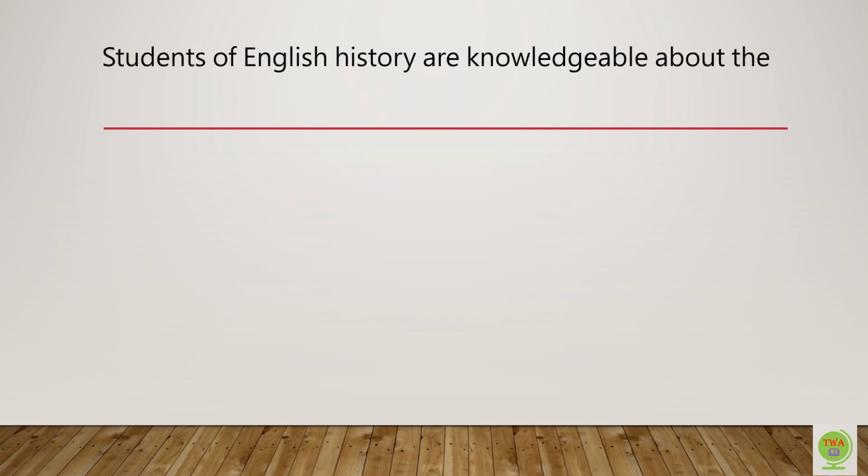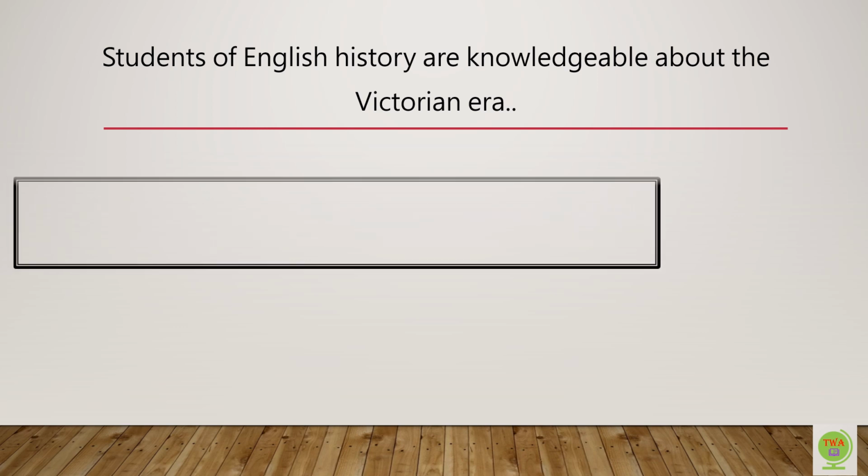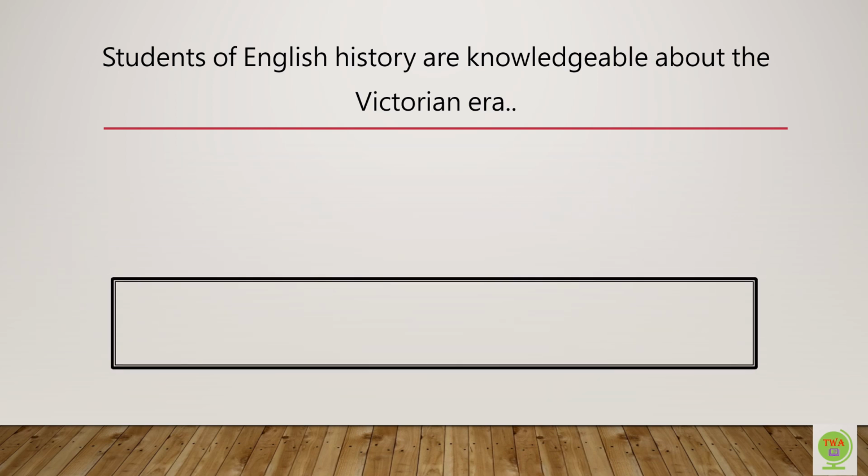Next sentence. Students of English history are knowledgeable about the Victorian era. Your timer starts now. What type of adjective do we have in the sentence? Okay, time's up.